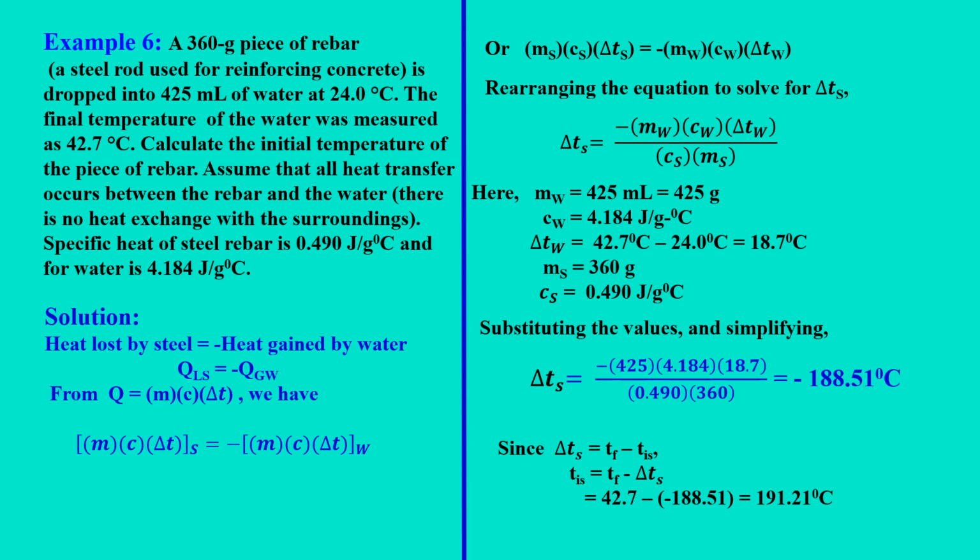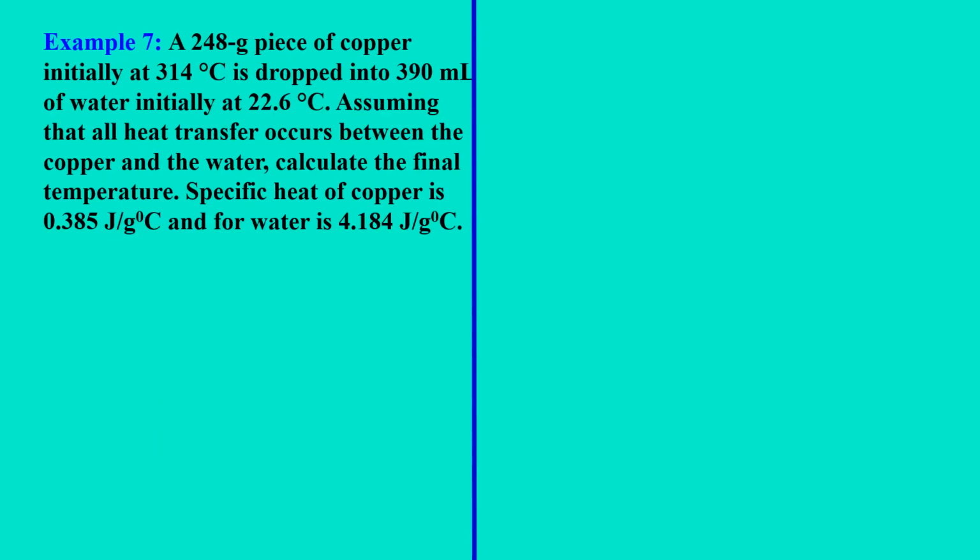So, substituting the values, you have 42.7 minus negative 188.51 equals 191.21 degrees Celsius.